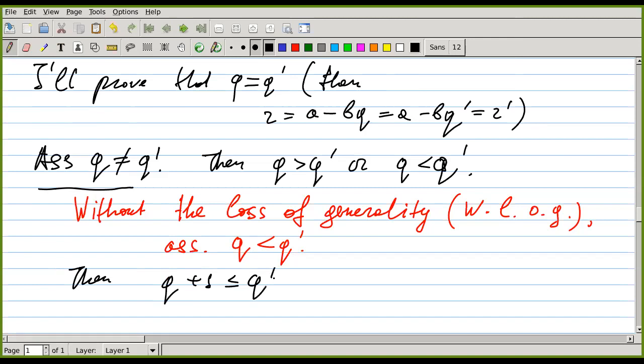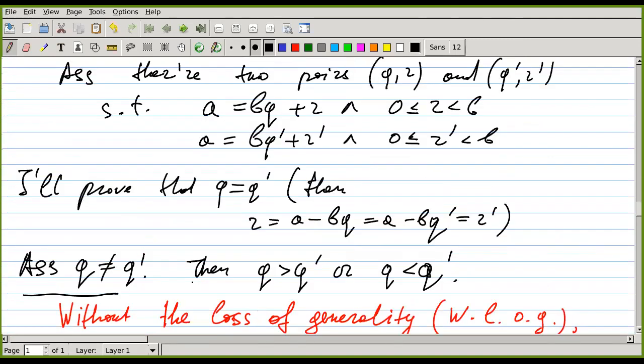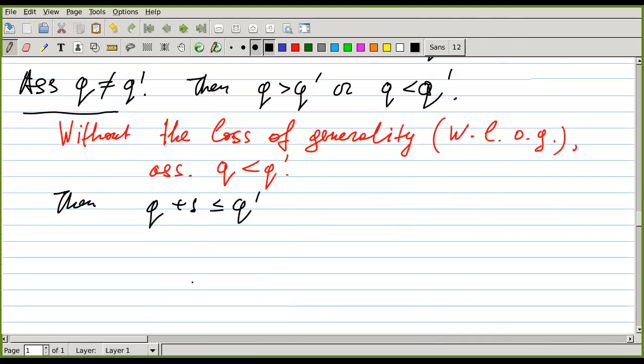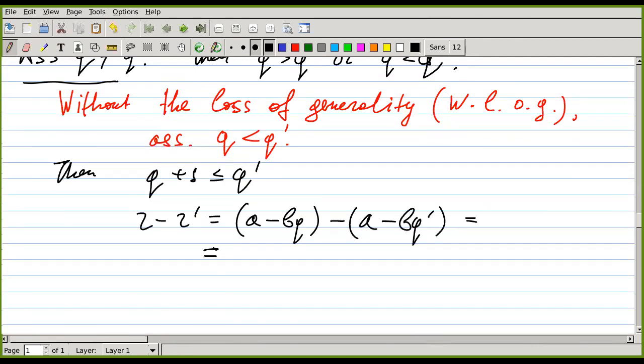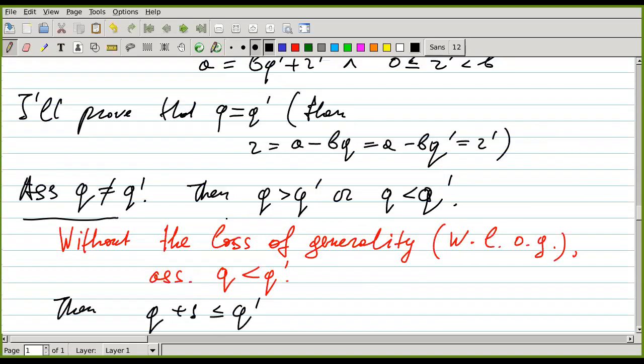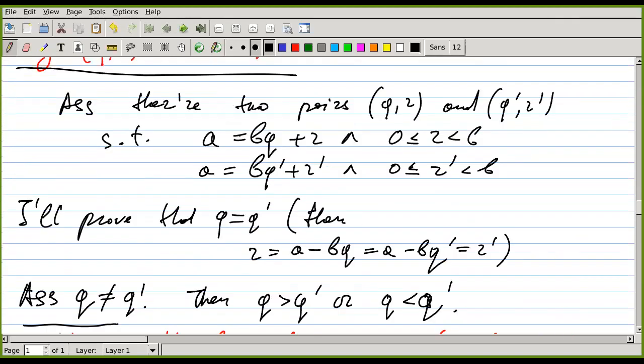What do we have after that? Let's consider the difference between R prime and R. You know, R equals A minus BQ, while R prime equals A minus BQ prime. Do you agree? Yes, it's obvious. This follows from our assumption.